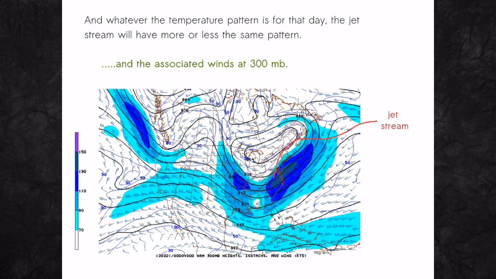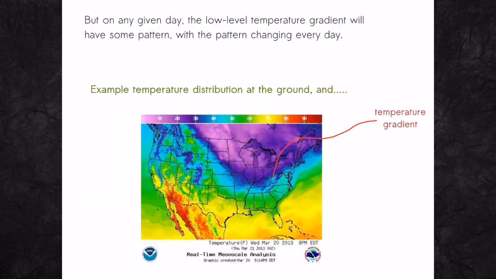And so what this illustrates is that on any given day, your temperature zones, your fronts, will set up whatever they look like on that day. And whatever they are, to a good approximation, the jets at the upper levels are going to follow that temperature contrast. Because remember, the jet depends on the temperature contrast in order to exist.